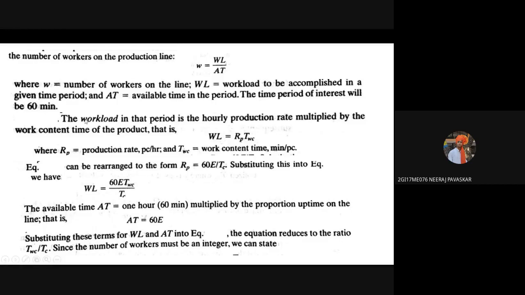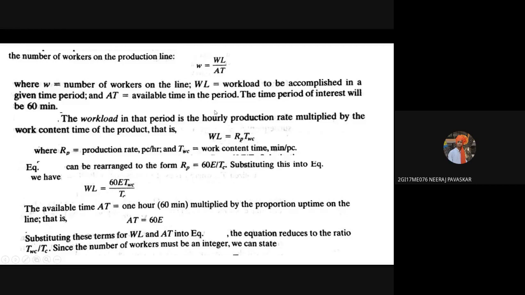You can see this equation W equals workload upon AT. That is, the number of workers on the production line equals workload upon the available time. If you substitute the workload with this new equation, 60 into E into TWC upon TC, and the available time is 60 into E, you get a new equation to find the total number of workers on the production line.